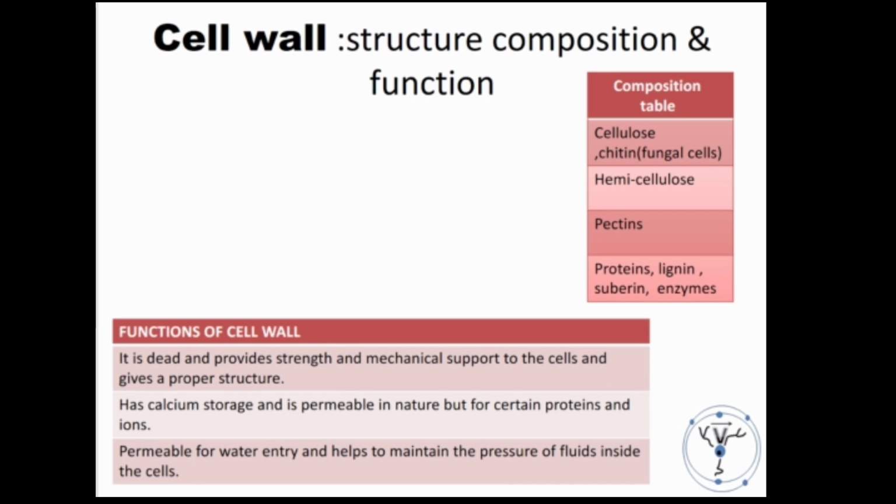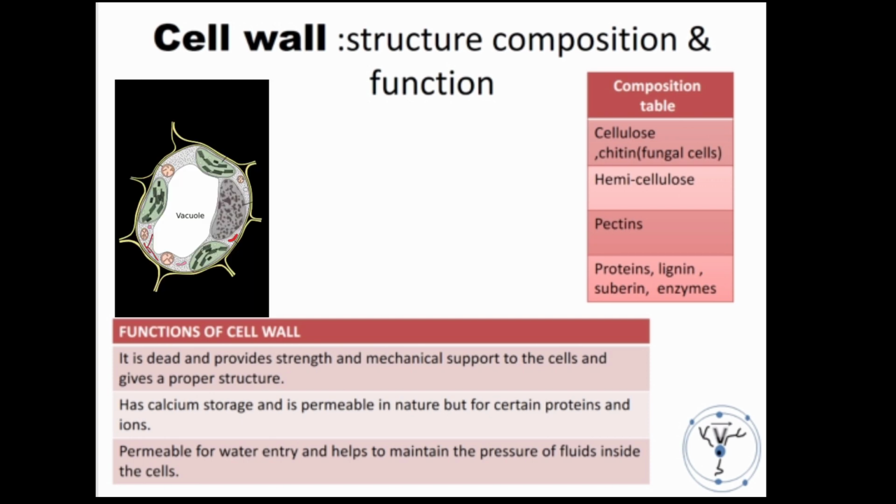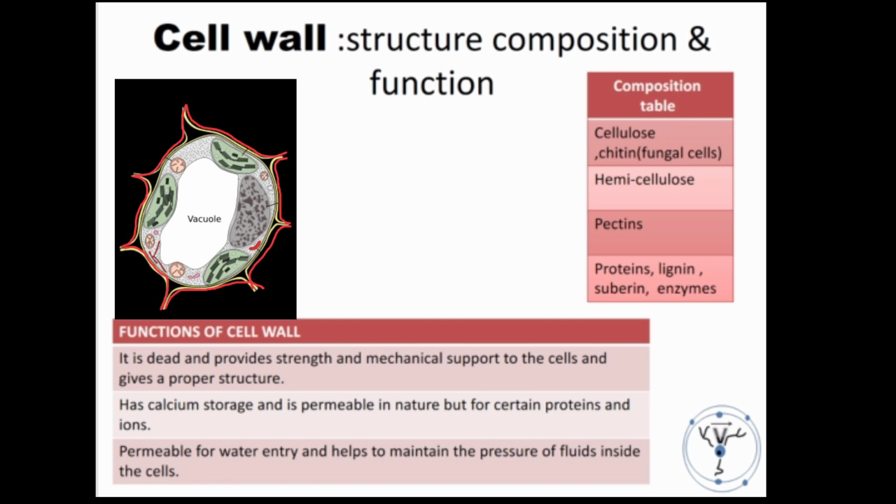Talking about cell wall, it is the outermost covering that is found in maximum number of prokaryotic cells and in plant cells. It is dead in nature, stiff, provides specific fixed structure to the cells, is protective in function.